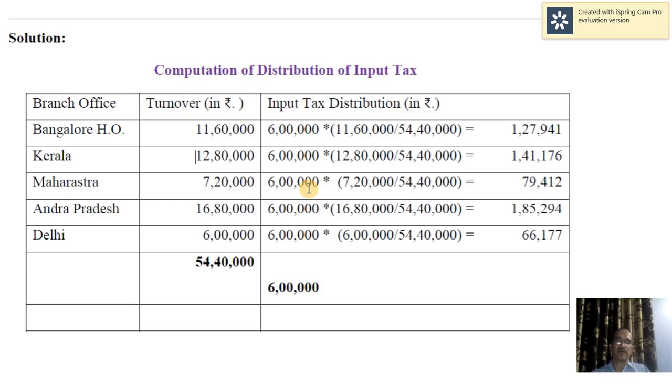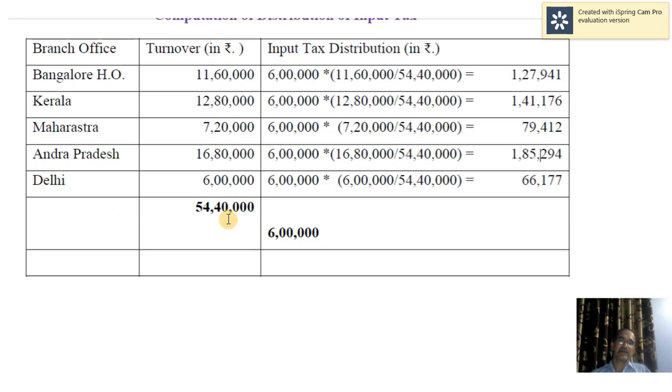So 6 lakh into 7,20,000 divided by 54,40,000 is 79,412. And here 16,80,000 divided by 54,40,000. What is the share of 6 lakh relating to Andhra Pradesh? 6 lakh into this one, so you will get 1,85,000. Delhi, 6 lakh into 6 lakh divided by 54,40,000.